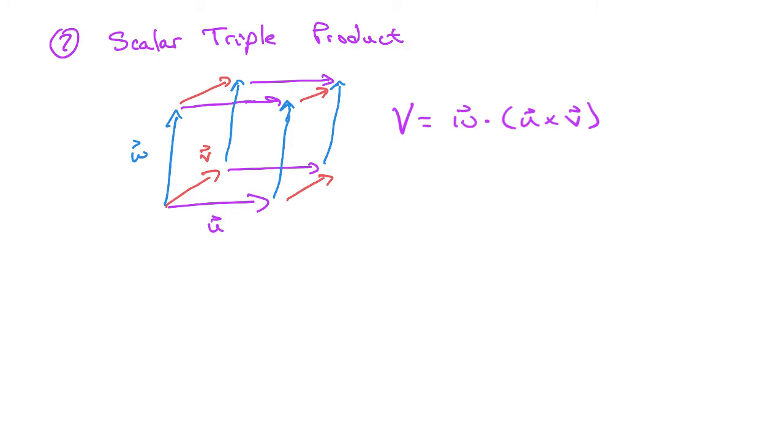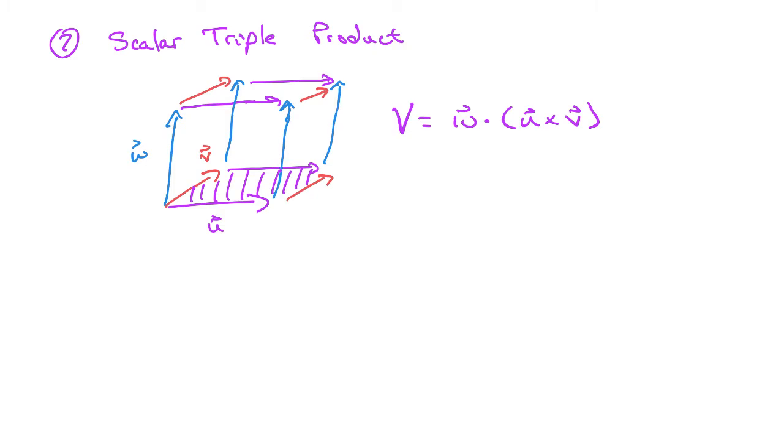Now, to see where this really comes from, think about the property that we just saw, namely that the cross product of u and v is going to be orthogonal to both u and v. And so if we want to think of the height of this object, we know that the area of the base is going to be given by just the length of that cross product.